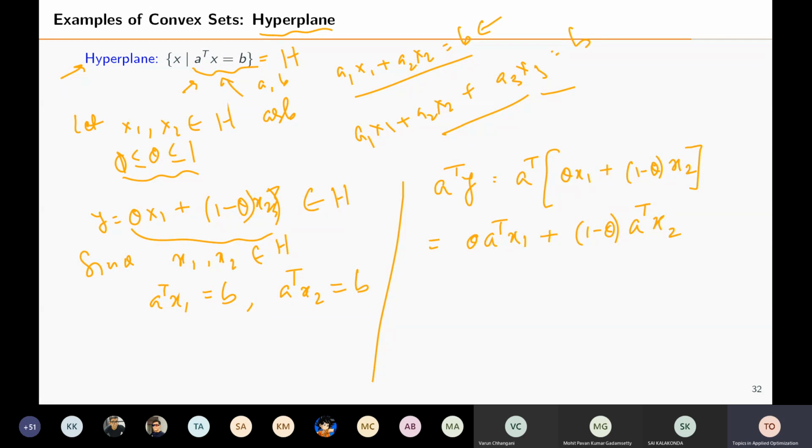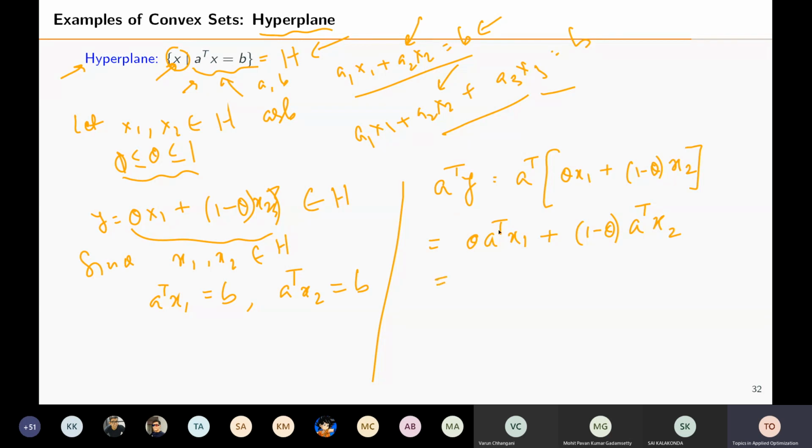So in a space I may have different planes depending on what the A and B are. I'm considering some fixed hyperplane, so A and B are given to me. The only thing changing is x, which is a variable, so it's saying all the points that satisfy this equation, with A and B fixed.